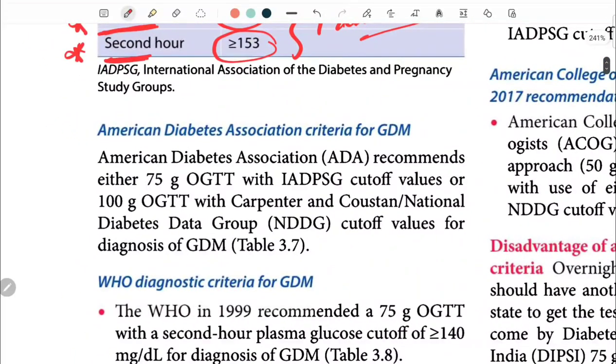Now let's look at the American Diabetes Association recommendation.